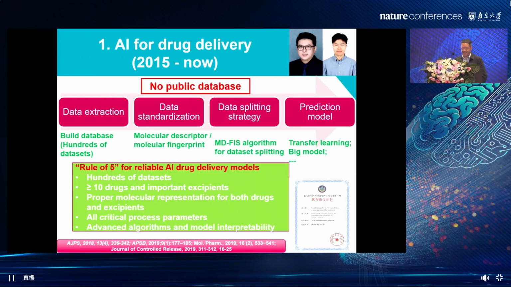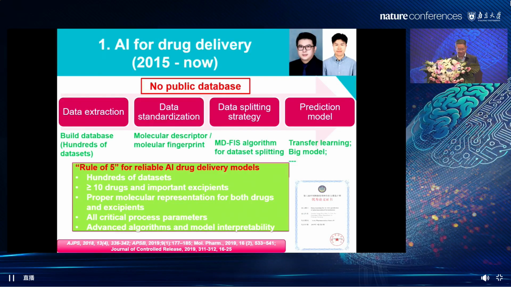So first, it is AI drug delivery. Actually, the most difficult part in this area is that there is no public database for drug formulations, because all pharmaceutical companies want to hide the formulation as a secret. So we have to build the database by ourselves from scratch.